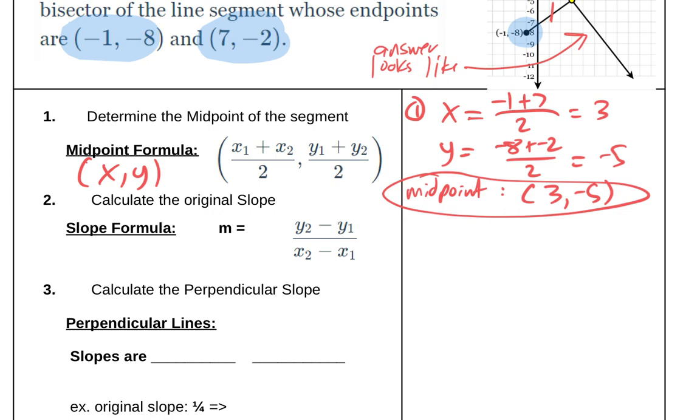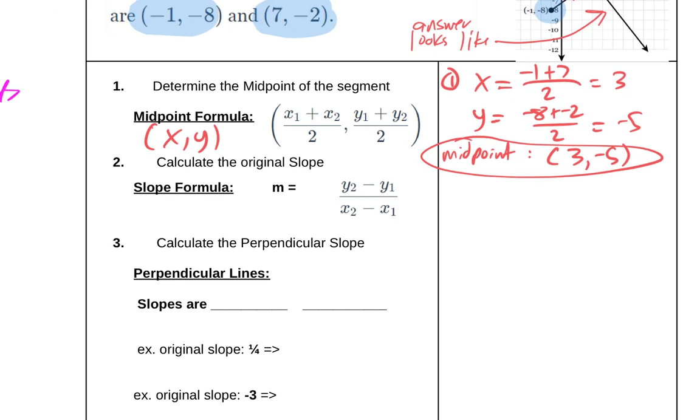Okay, so next, step number 2, calculate the original slope. So the slope form that we talked about is y2 minus y1 over x2 minus x1. Once again, we're just going to remember x is the first term, then y is the second. So on the second one, step number 2, we're going to say the slope is y minus y. So we're going to say negative 2 minus negative 8 over, since we started with negative 2, we're going to start with the 7.